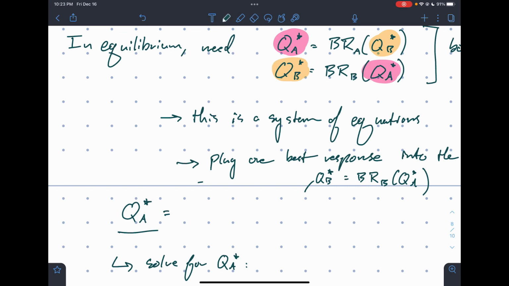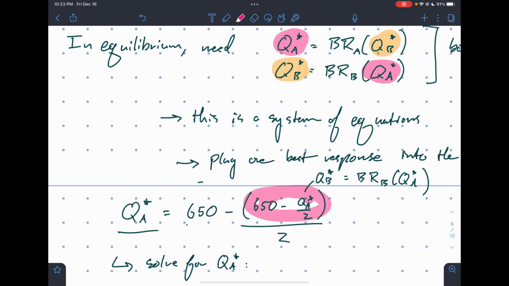So plug the best response of firm B into the best response of firm A. Whatever A does, this is firm B's best response to that.